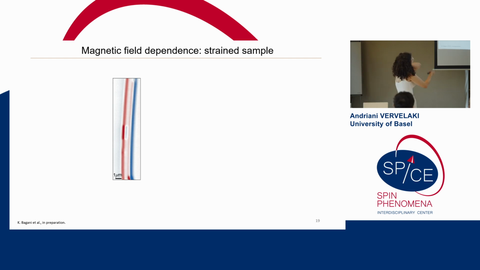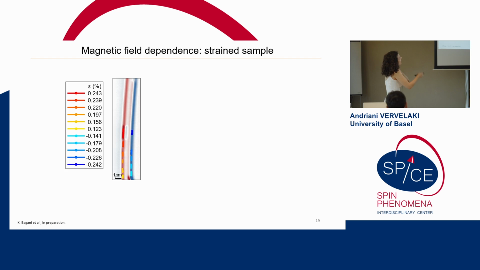OK, so we can also better understand this magnetic reversal by measuring the local behavior. So we're taking an average area here. We're averaging the field plot now, and I'm telling you how much is the average strain on these areas.